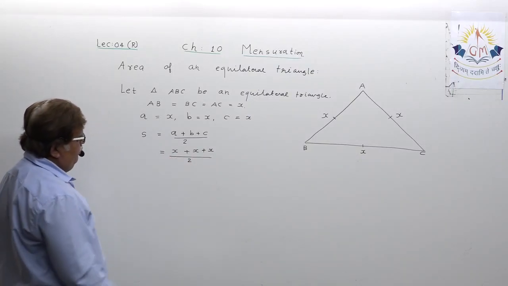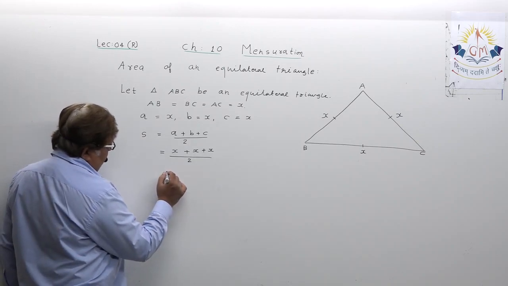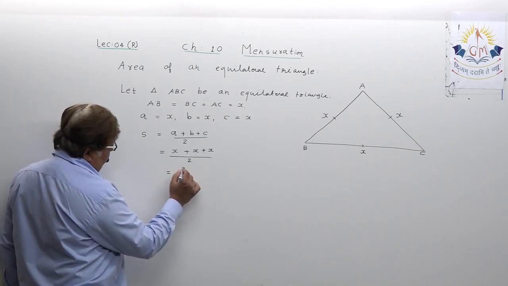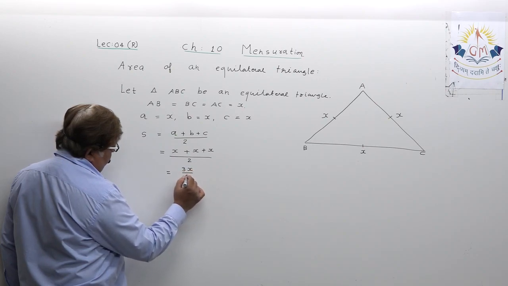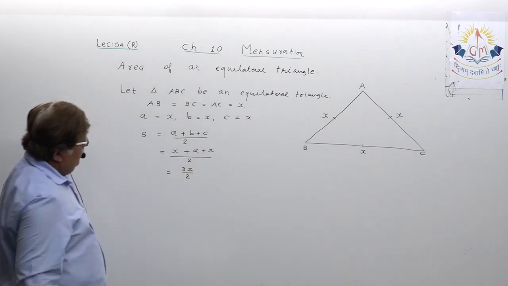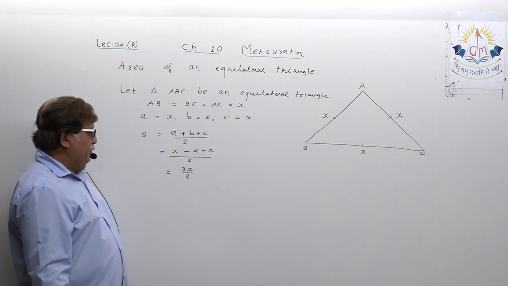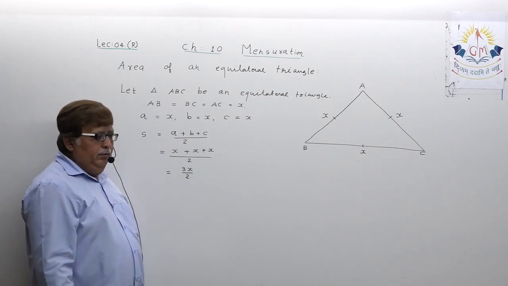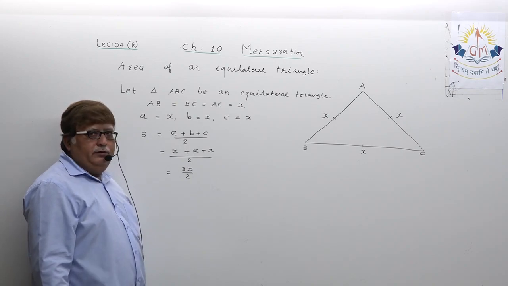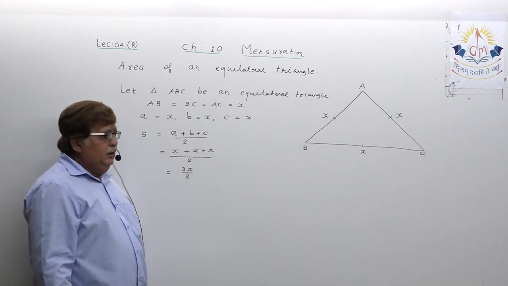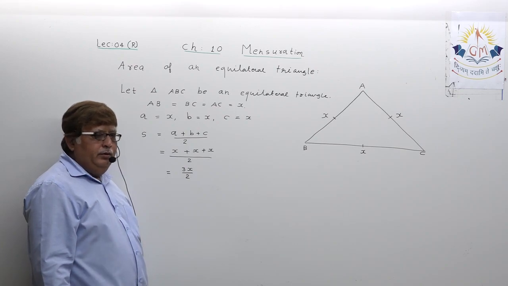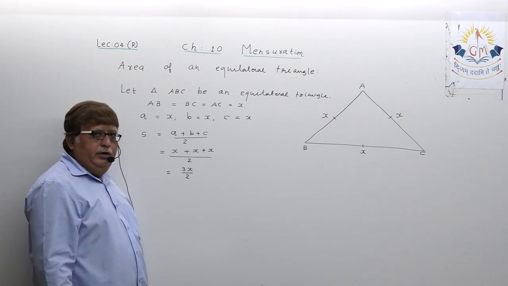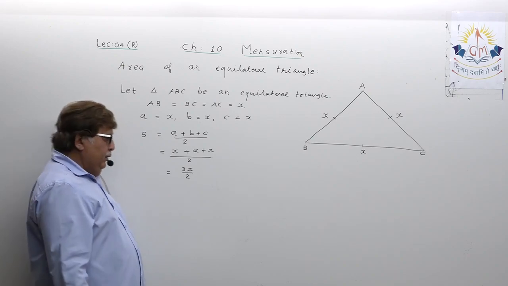You understood this? x plus x plus x, 3x upon 2. So dear student, we supposed all sides as x and we got the semi-perimeter as 3x upon 2.